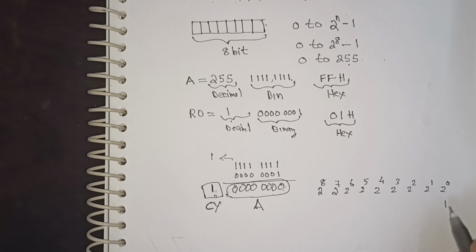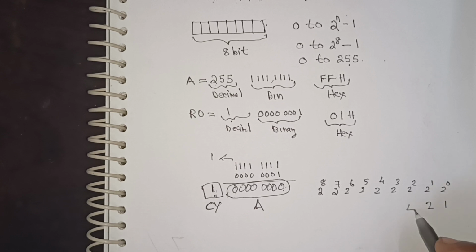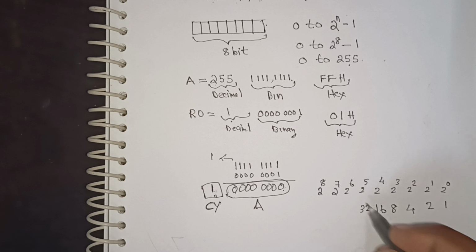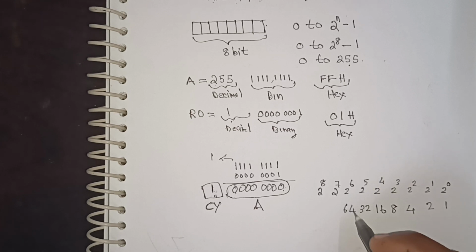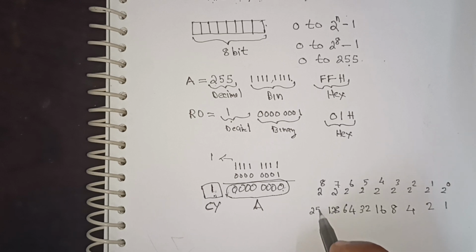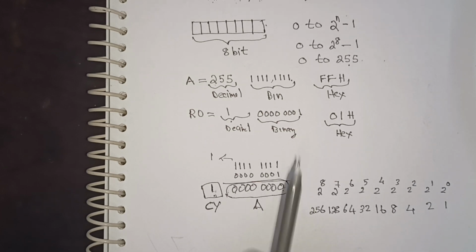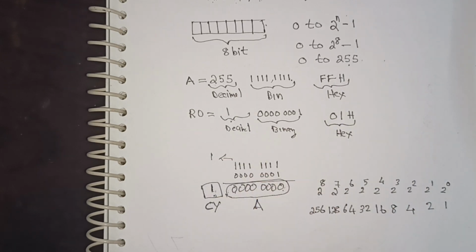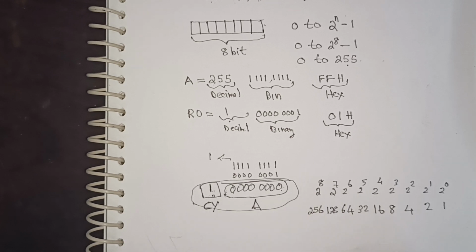Now this is nothing but 1, 2, 4, 8, 16, 32, 64, 128, 256. So what is our result after addition? 255 plus 1 is 256. This is the representation of 256 in binary, because here we have weight 256, right?